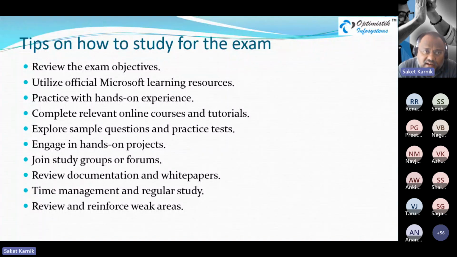Navjot already highlighted that. Okay, so you have all the options available. The point is you have to utilize whatever options you have before you actually make up your mind to attempt the exam. Then lots of practice with hands-on being the focus should be there.